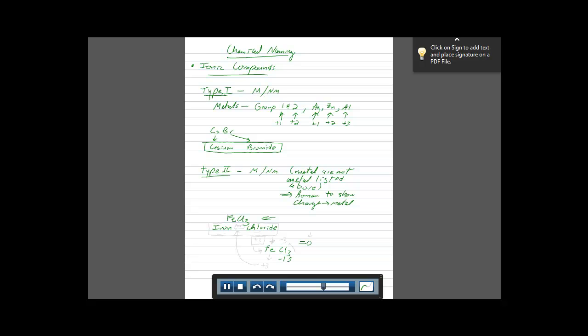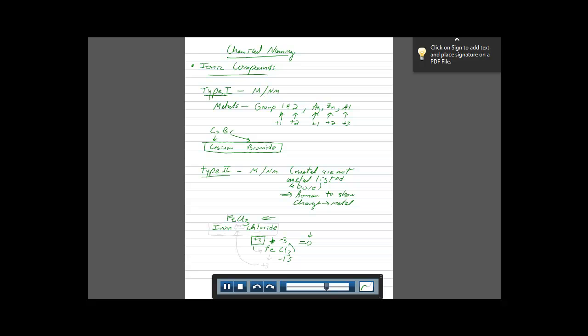But there's 3 of them, and so our total negative charge is going to be -3. If we want the overall charge to equal 0, then when we combine the charges of both the metal and the non-metal, it's got to add up to 0. The negative charge is -3, so our positive charge has to be a positive 3.